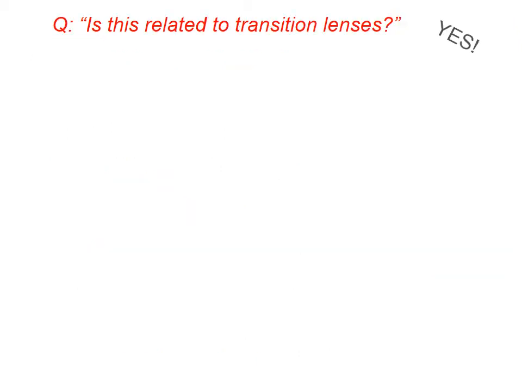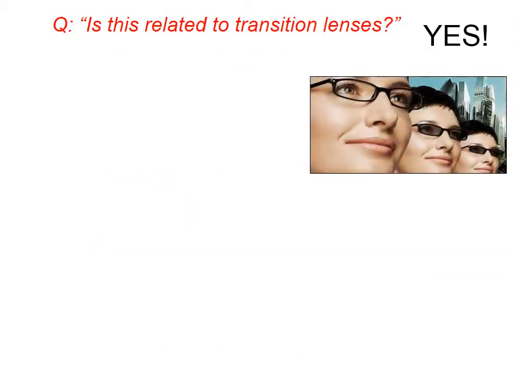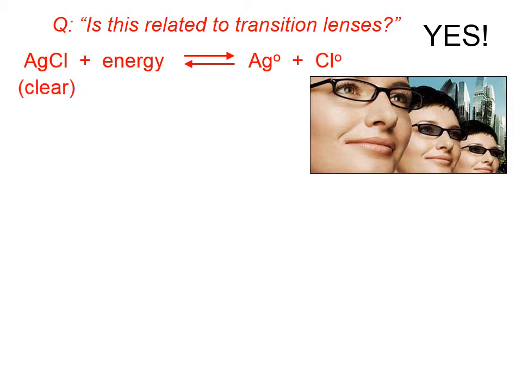Now, is this related to transition lenses? And the answer is yes. In transition lenses, there's an equilibrium system going on between AgCl, which is more or less colorless or clear, especially very tiny particles of it, and you can see on the product side neutral silver and neutral chlorine molecules.